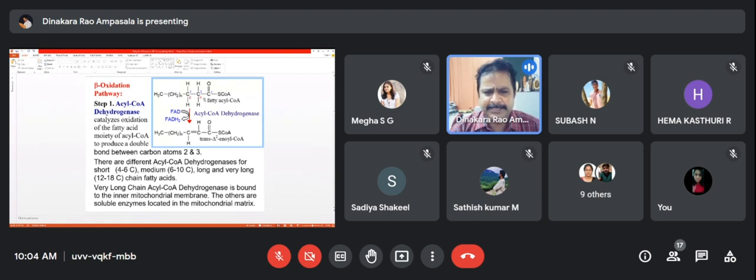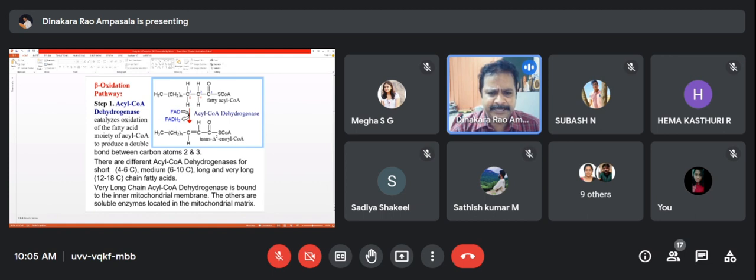You can see the alpha carbon and beta carbon atom. It will remove hydrogen ions, and because of that you can see double bond formation between the alpha and beta carbon, which is known as trans delta 2 enoyl-CoA.